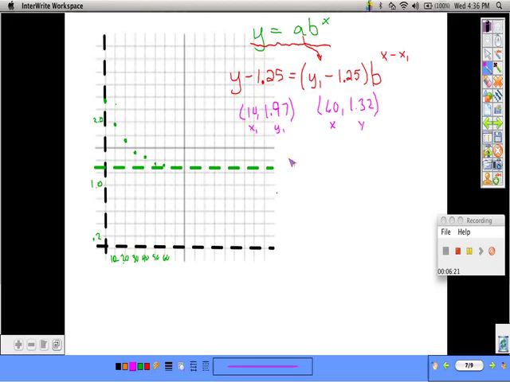So I do 1.32 minus 1.25 equals 1.97 minus 1.25 times b to the 60 minus 10.